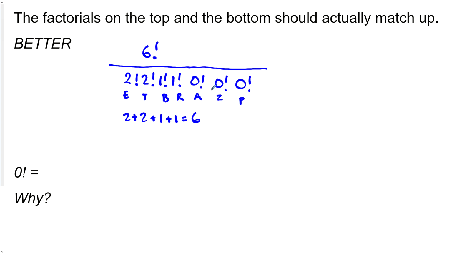We can add up all of these plus as many zeros as you want, and it will still get 6. So 0 factorial is 1. Why? To make these work. Man invented this function, and so we just said, hey, it's got to equal 1 so that our math will always work.